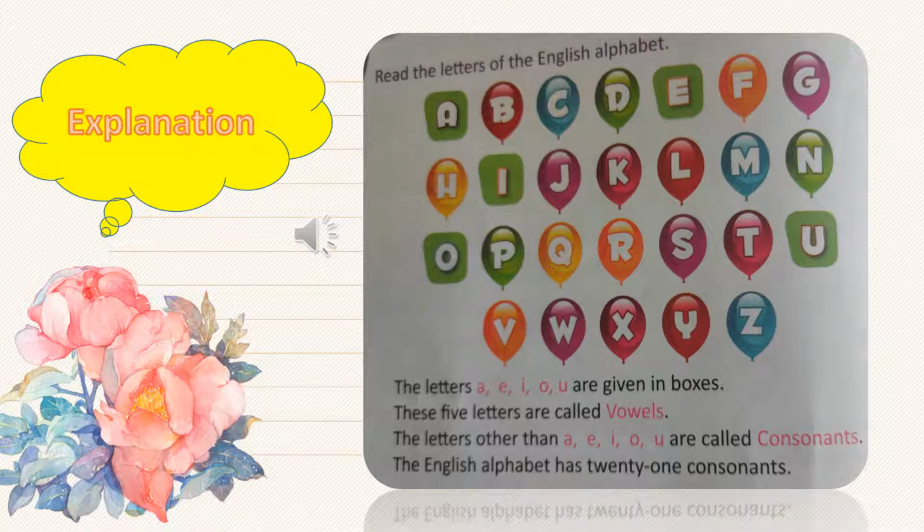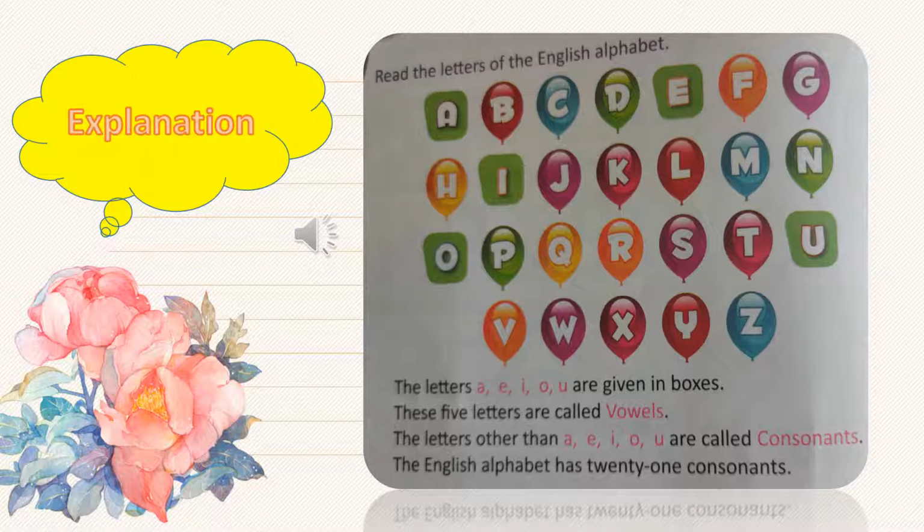This is our chapter 2 and our coming exercises will be based on the information and topics we are going to discuss now. As I have already told you in our earlier slides, the English alphabet has 26 letters, in which 5 are vowels and the remaining 21 are consonants.